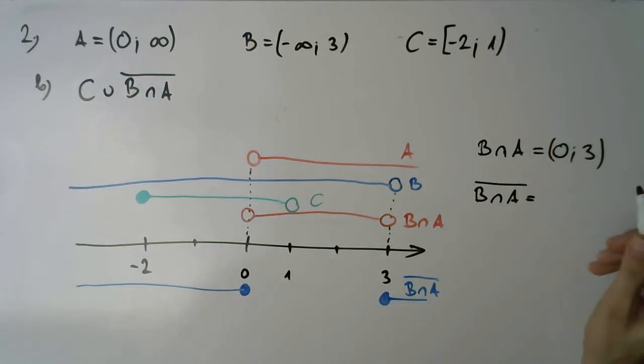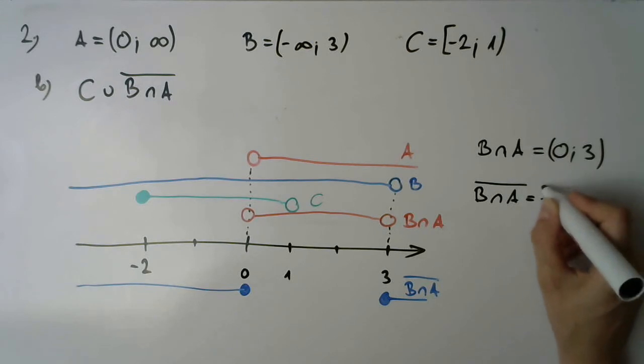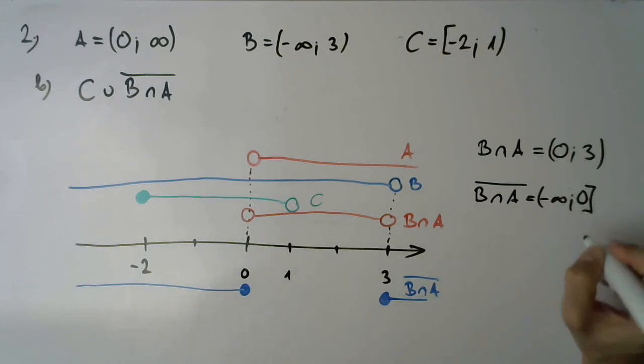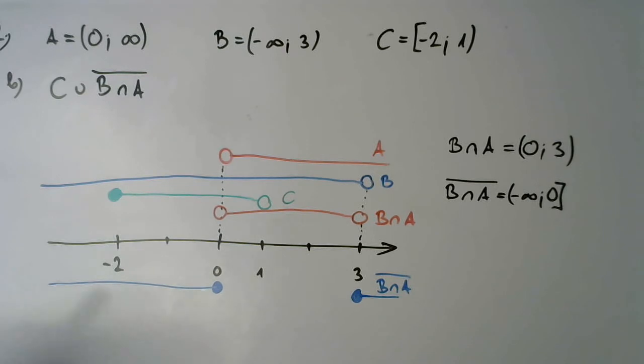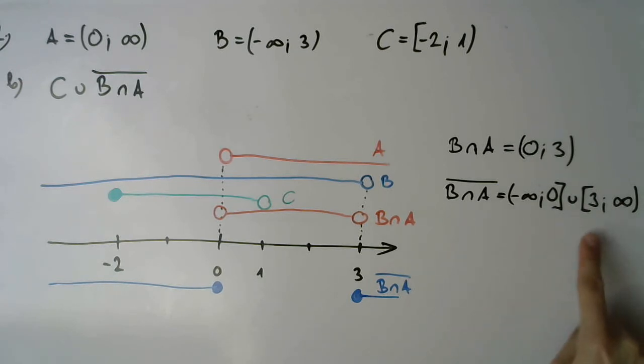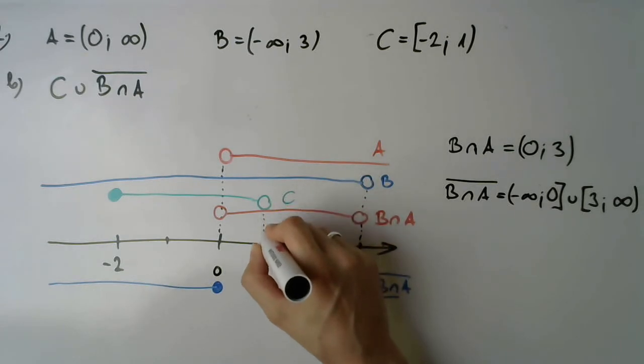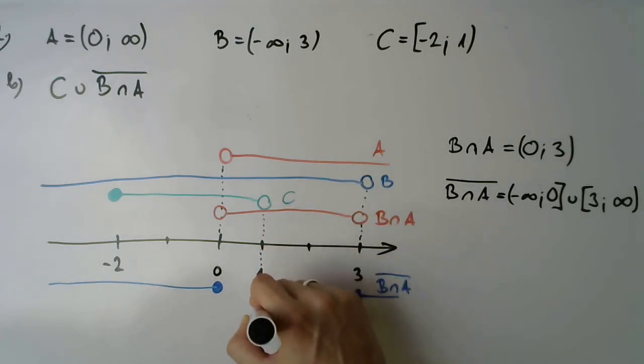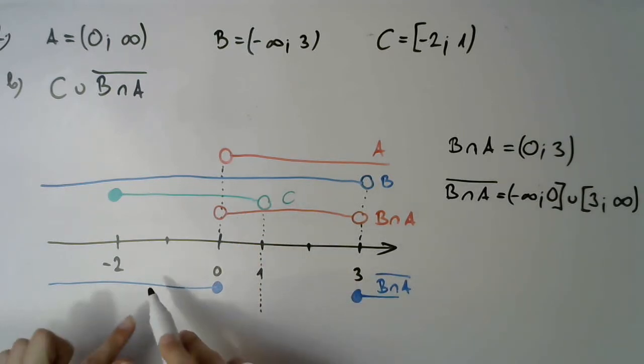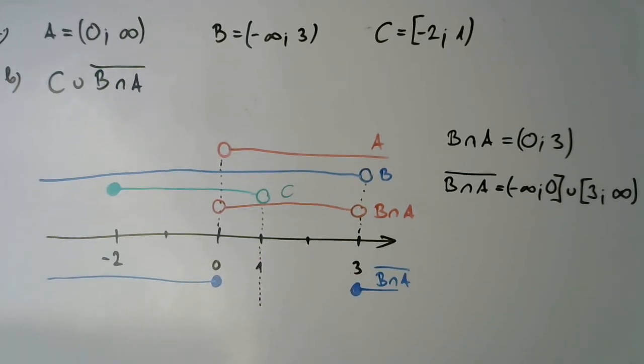So, writing it down, negative infinity to 0, closed at 0, union sign, closed at 3 to positive infinity. Now we have to unite this interval with interval C. Graphically, it means that I add this part to the existing blue intervals.